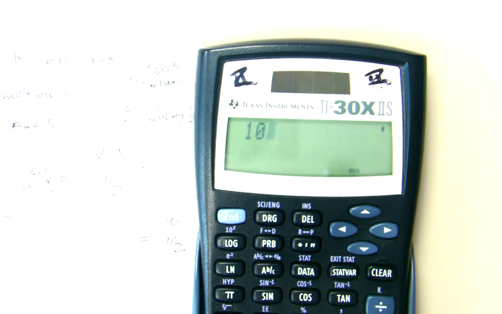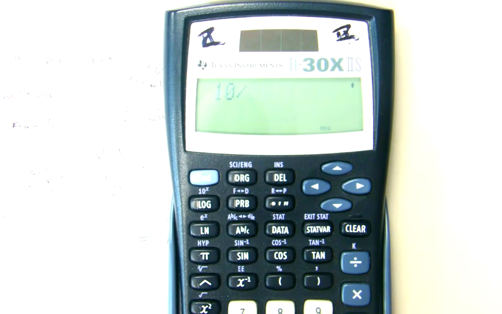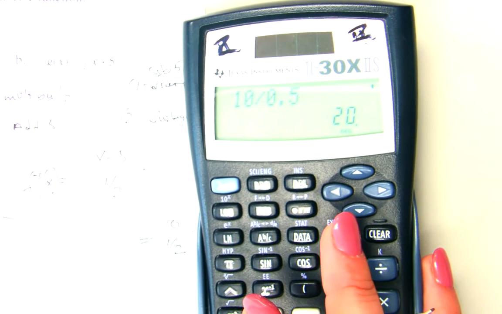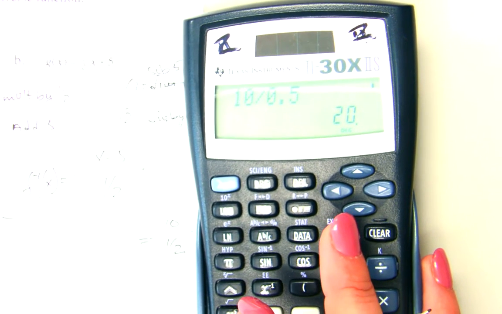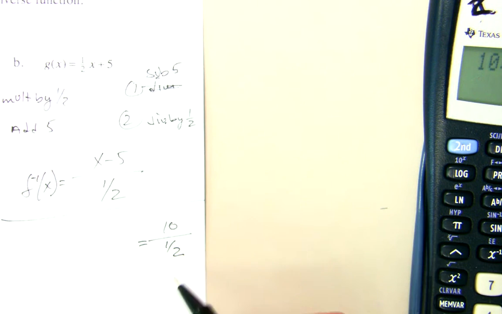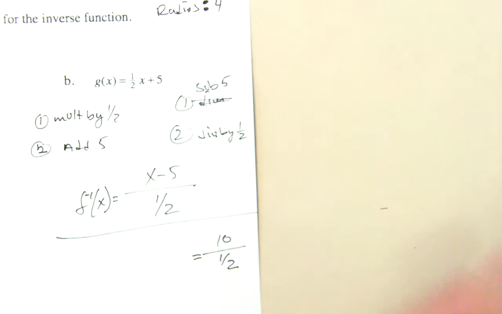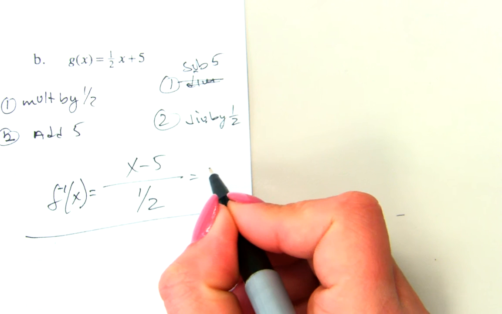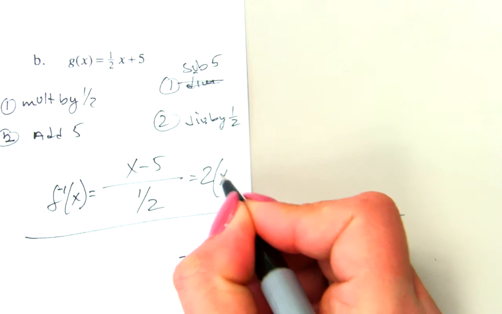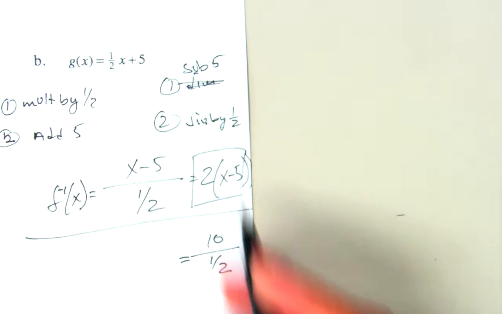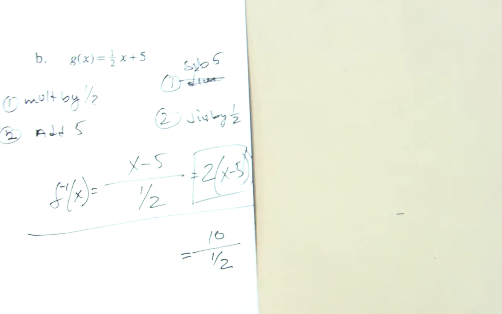A half is 0.5. That's 20, right? So 10 times 2 is 20. So dividing by a half is the same as multiplying by 2. Everything gets multiplied by 2. So technically, this is like saying, I'm just going to multiply everything by 2. So this is your inverse function from this part right there.